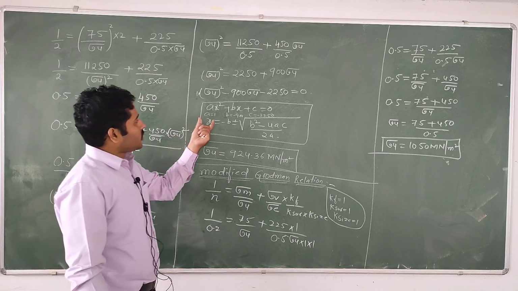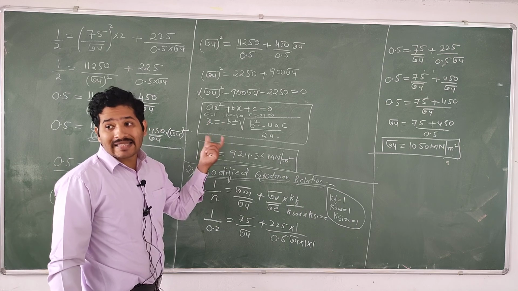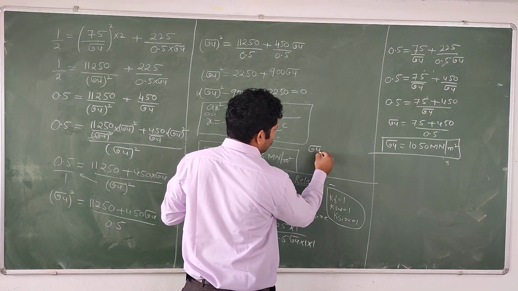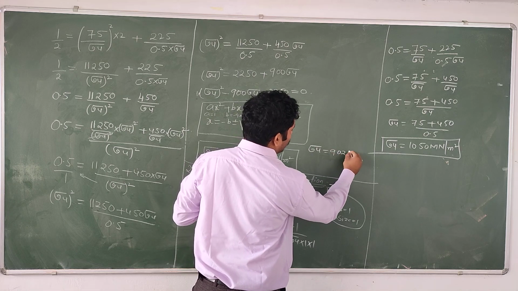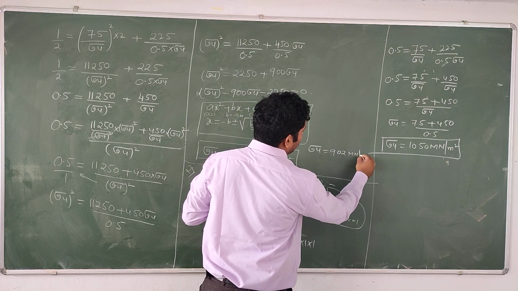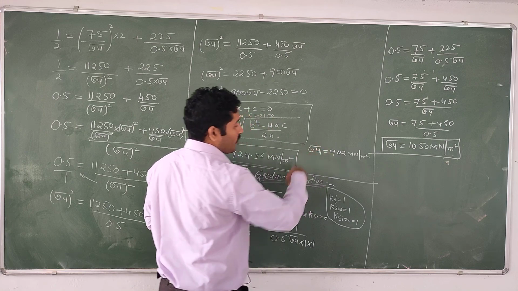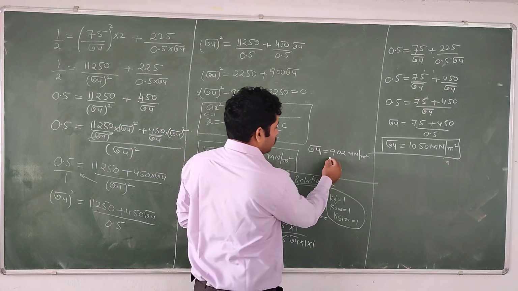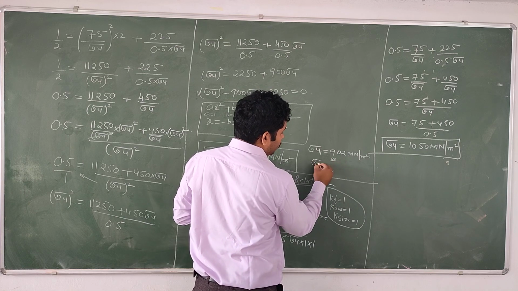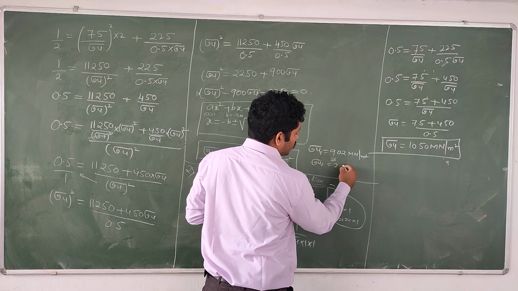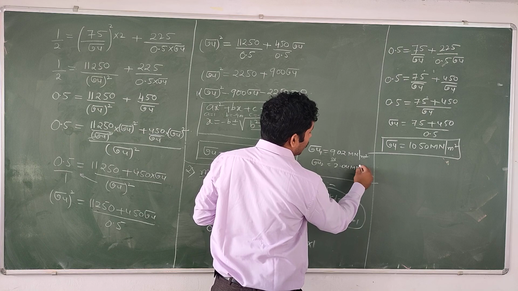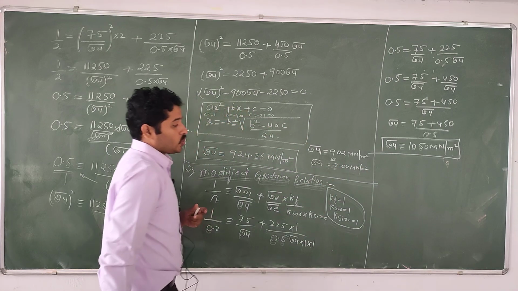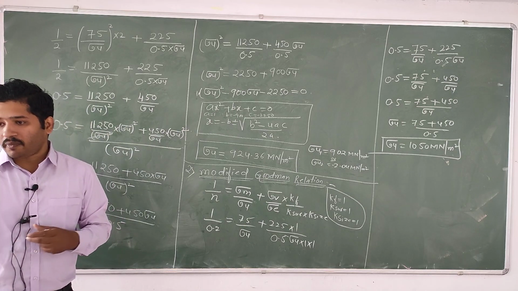In these equations, we are getting sigma u1 value as 902 mega Newton per meter square, and sigma u2 value as minus 2.04 mega Newton per meter square.